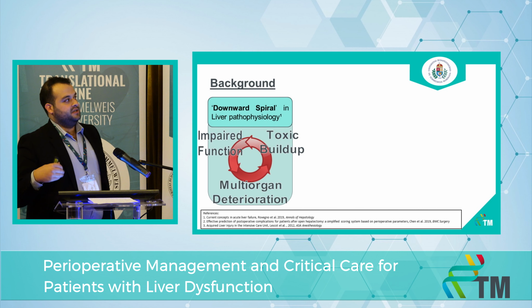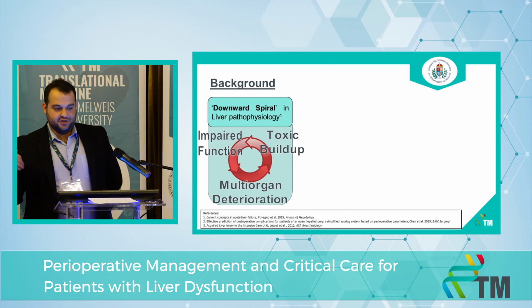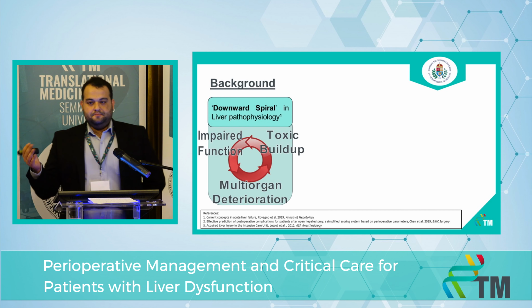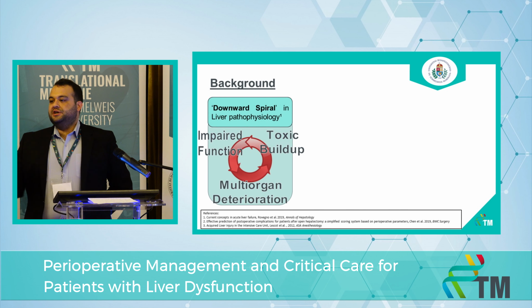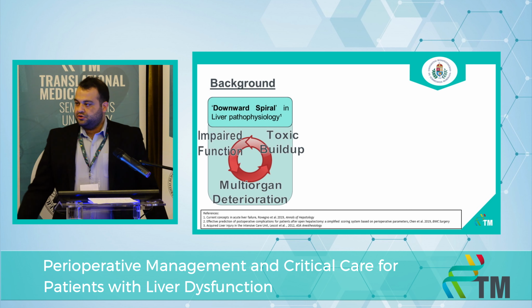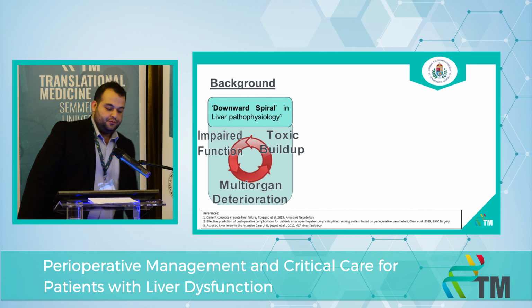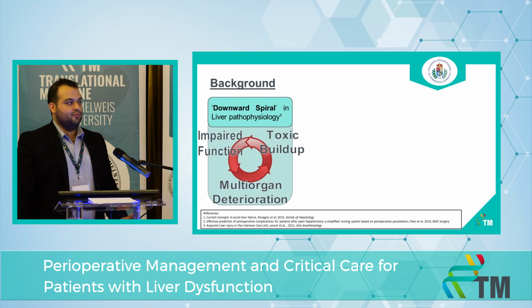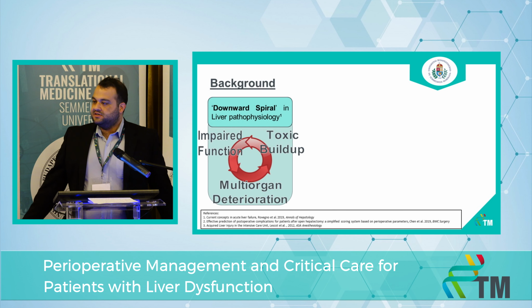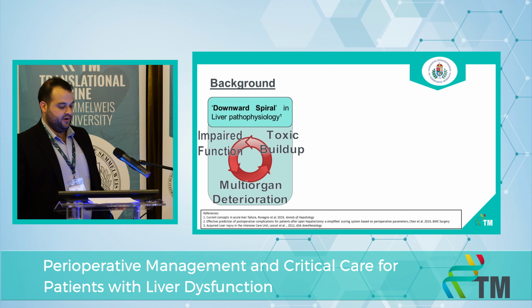So what happens actually is, if we remember the pathophysiology classes, it's a downward spiraling, so to say. The impaired liver function is going to lead into a toxic buildup, which is going to create this toxic metabolic milieu, which is going to impair the function even more, cause a multi-organ deterioration, and this quickly spirals down into an acute liver failure.